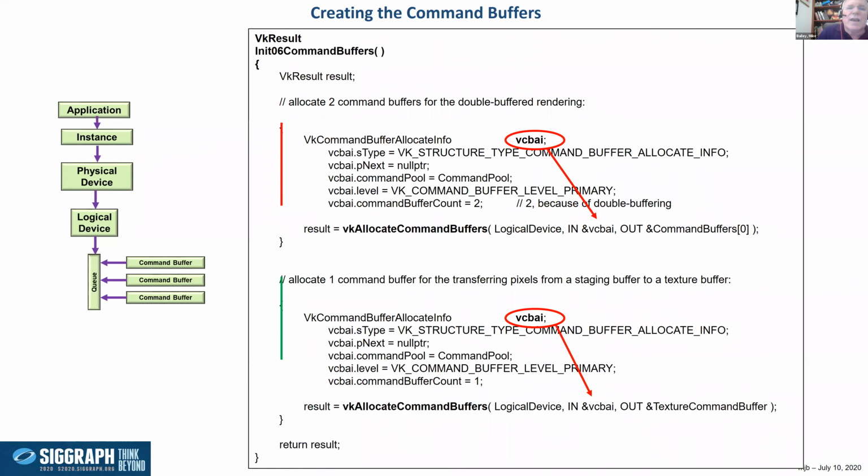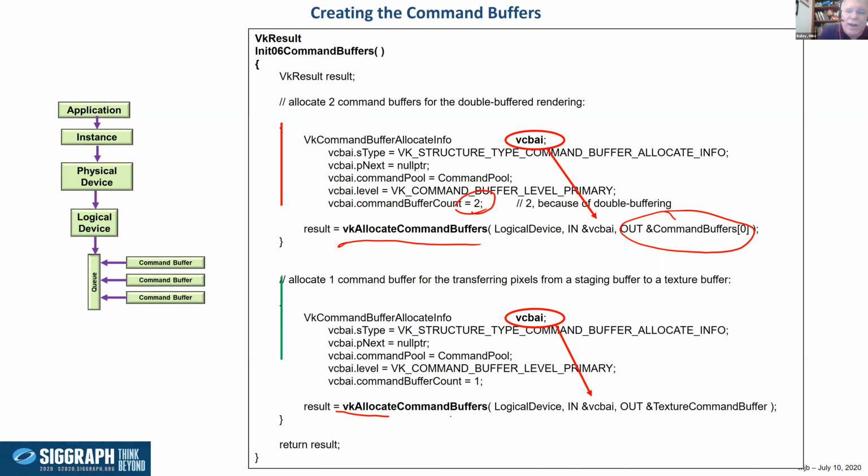All right, here's how you initialize a command buffer. So there's information here. Here we're doing 2 command buffers because we're doing double buffering. We're doing a back buffer and a front buffer. So 2 command buffers will be able to be working together. And here we're going to allocate them and put them in an array.